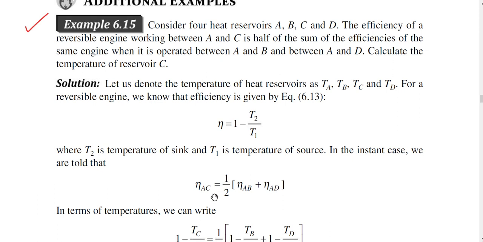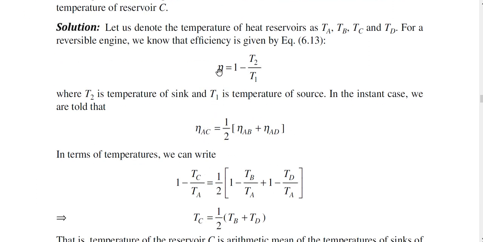According to the problem, eta AC is equal to half of eta AB plus eta AD. This is given. Now, if we apply the formula of eta, I can write 1 minus TC by TA is equal to half of 1 minus TB by TA plus 1 minus TD by TA.